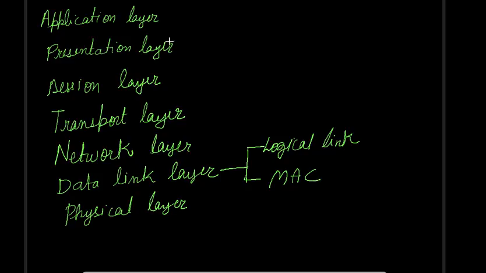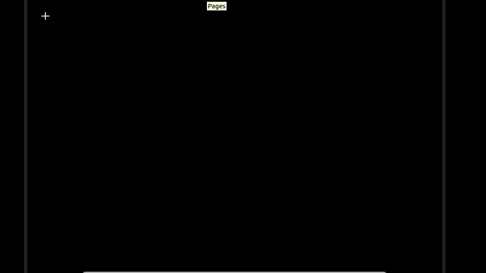So the first one is the application layer. So what is the application layer? The use of the application layer is to provide the interface to the user, right?